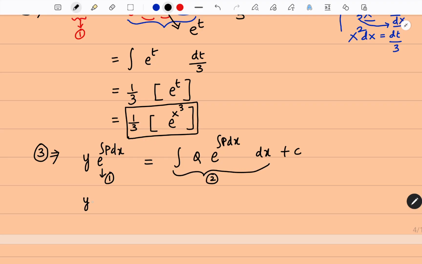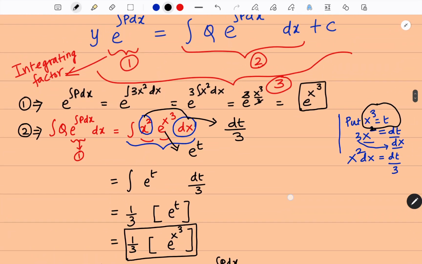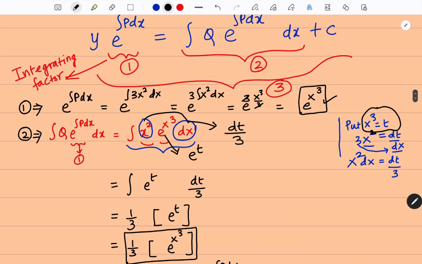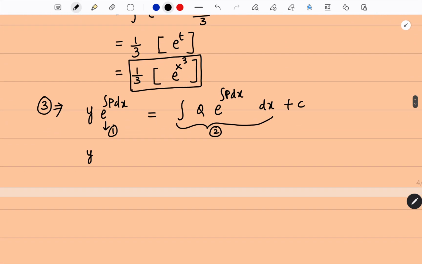So y e to the power of integral p dx is e to the power of x cube from step number 1, which is equal to what we just got in step number 2, 1 by 3 e to the power of x cube. So integration is over, plus integrating constant c.